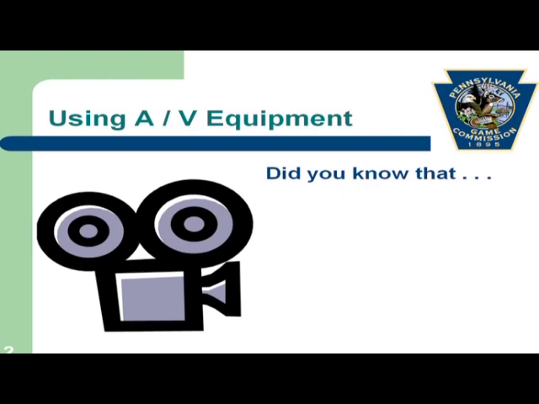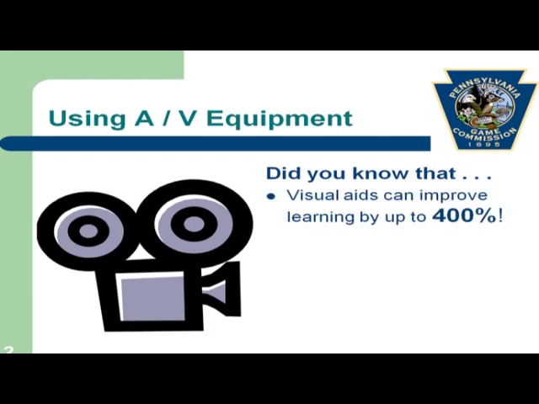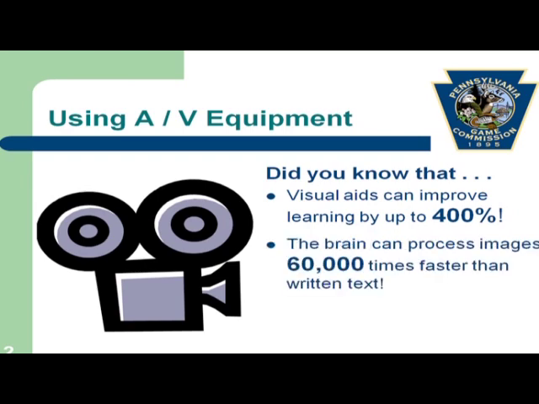Using audio-visual equipment. Did you know that visual aids can improve learning by up to 400%? Did you also know that the brain can process images 60,000 times faster than written text?